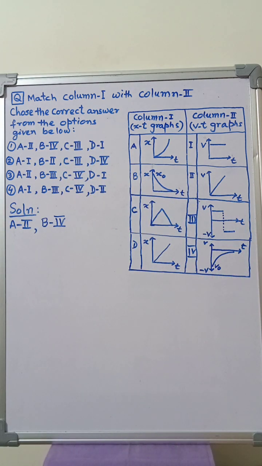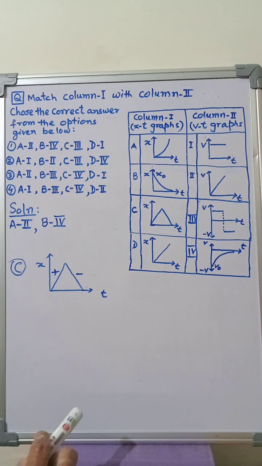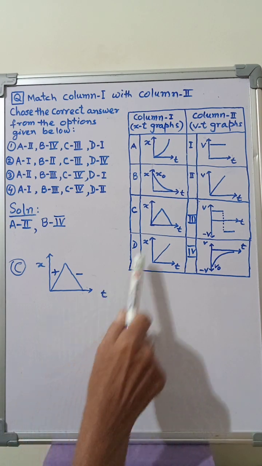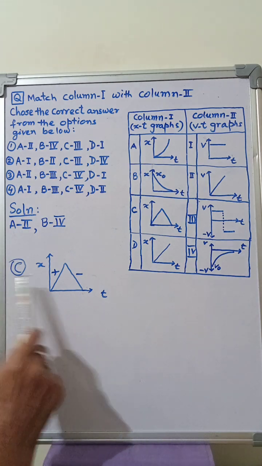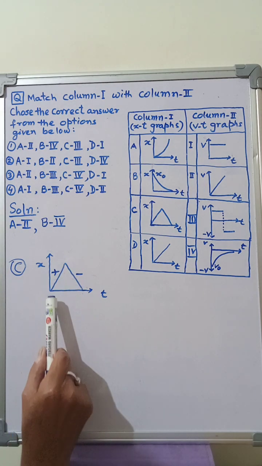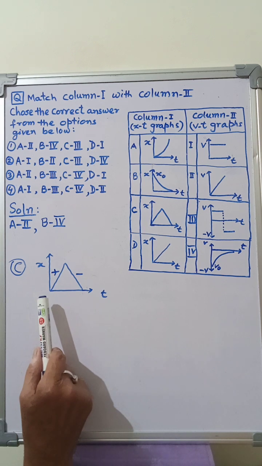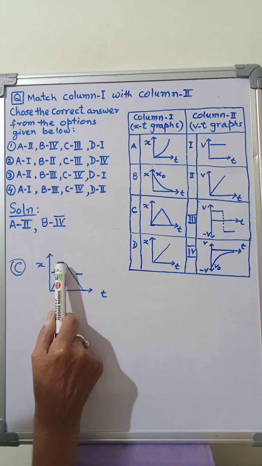Now, let us examine the xt graph given in option C, this one. During the first half, it is a straight line and the slope is positive. Therefore, the slope is positive and also constant.